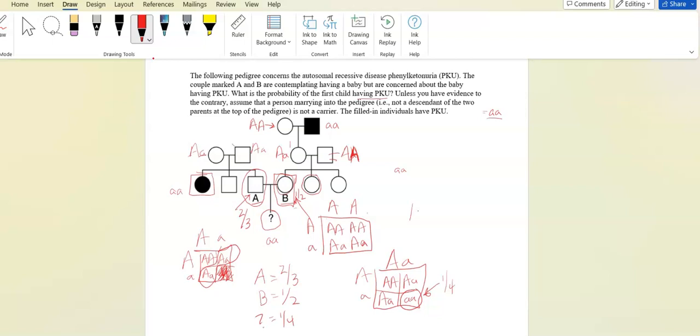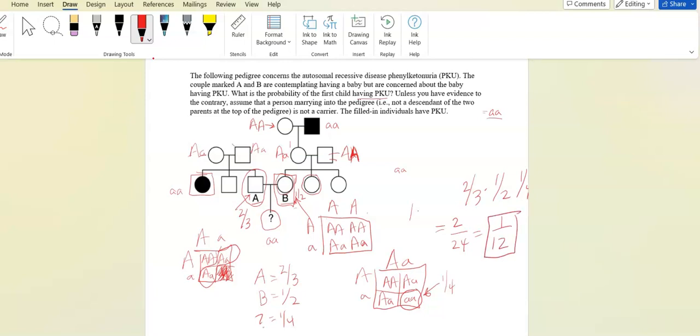Now we have to multiply all of these together because they're independent events. So we have 2/3 times 1/2 times 1/4. 2 times 1 is 2, and 3 times 2 is 6, times 4 is 24. So the probability is 1 out of 12.